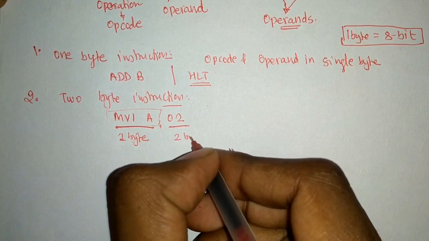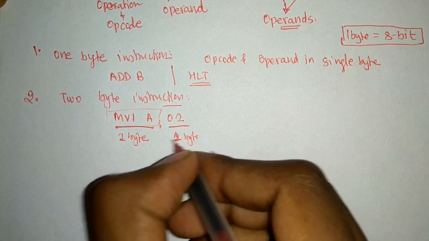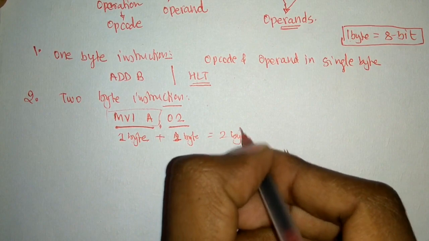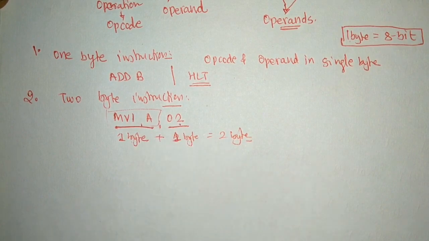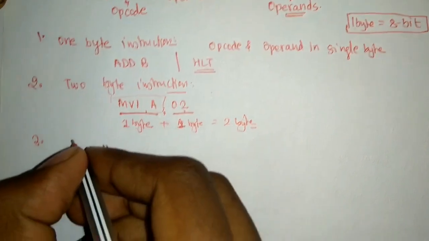So 1 byte is this, 1 byte is this. Total is a 2 byte instruction, which is why it is known as a 2 byte instruction. 8 bits for this and 8 bits for this, total 16 bits.